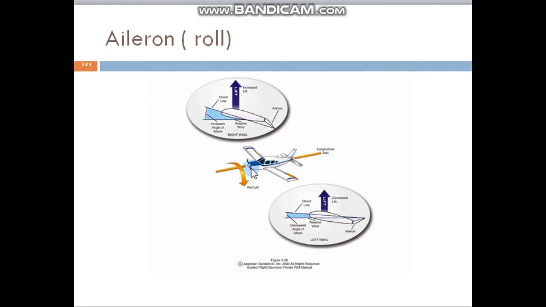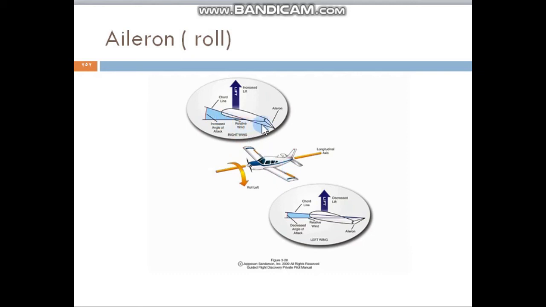As we see in this figure, this is the longitudinal axis, and here we have our ailerons. The aircraft wants to roll to the left. So the right aileron will go down and the left aileron will go up.